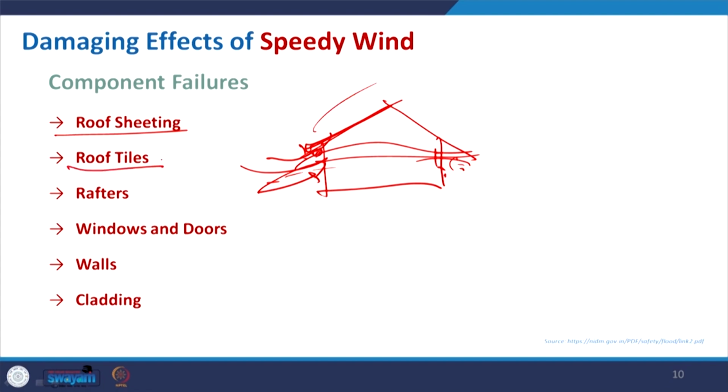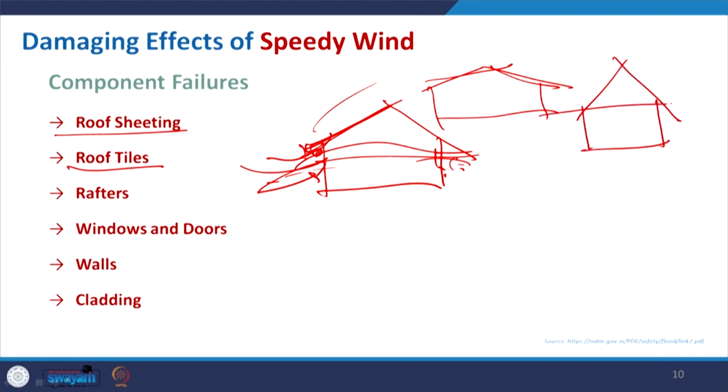Instead of roof sheeting, sometimes we also use roof tiles with the help of rafters and frame, and that may also fall into this category. It has been observed that if we reduce the slope and make it very flat, that is preferable to a very wide angle, because then the upliftment will be more.